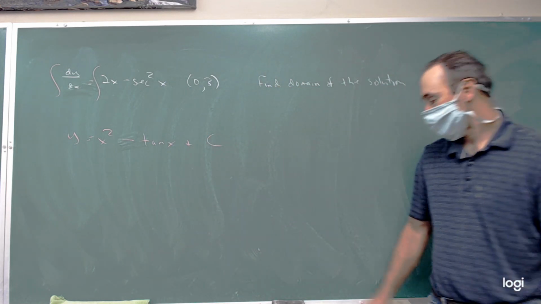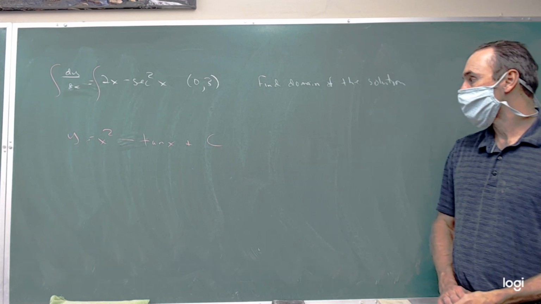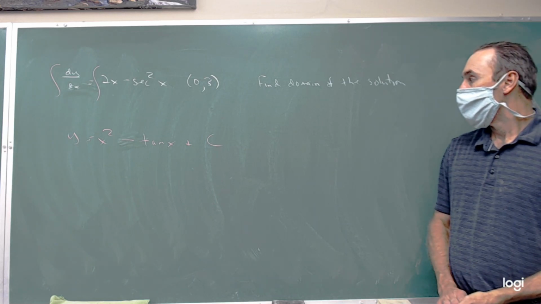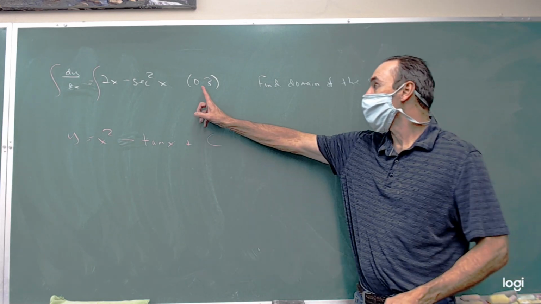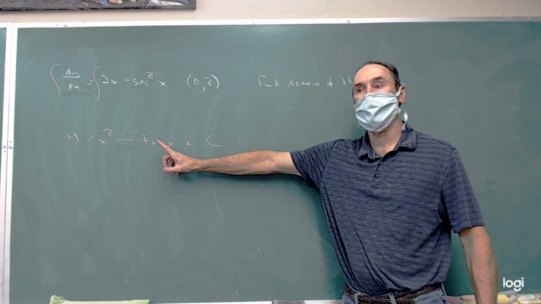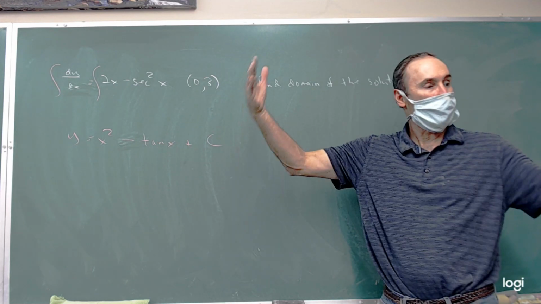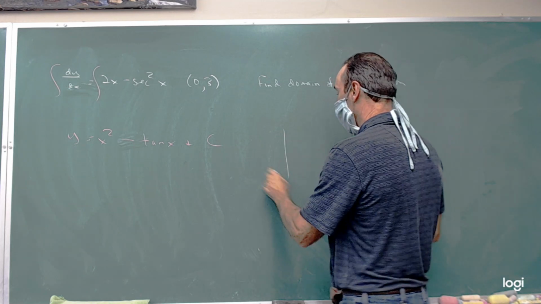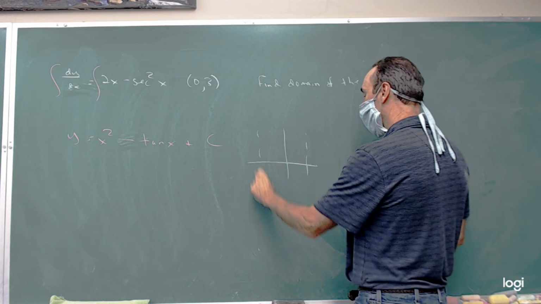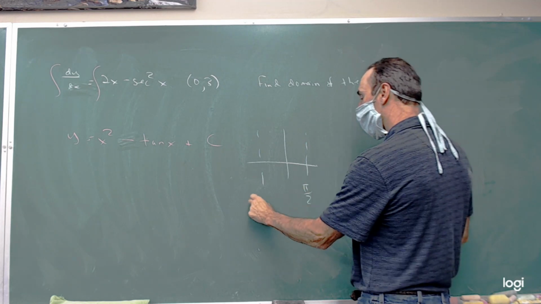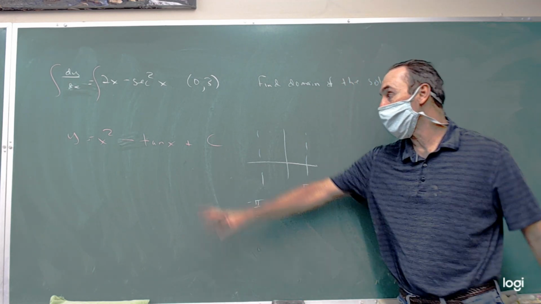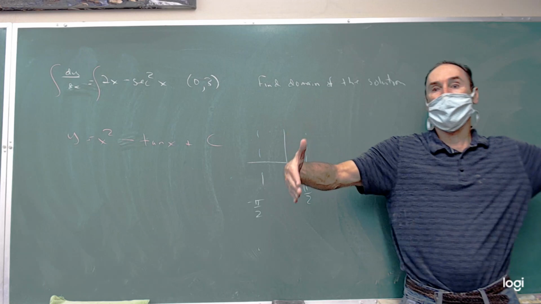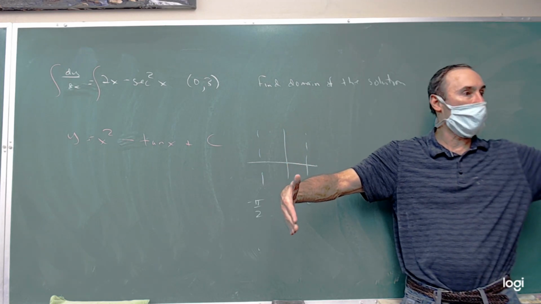Apparently not. So the idea is that tangent has vertical asymptotes at negative pi over 2 and pi over 2, right? At all of the odd multiples of pi over 2. So there are discontinuities for tangent x at every odd integer multiple of pi over 2.